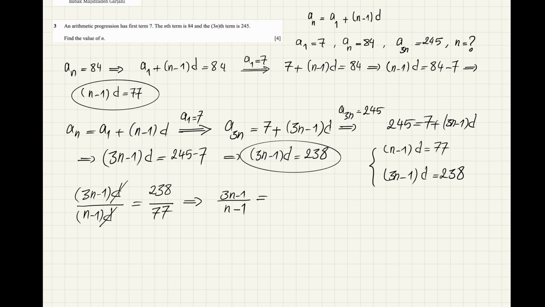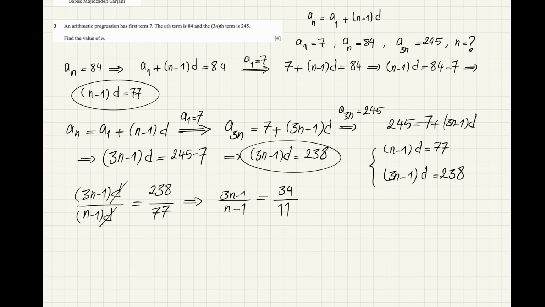Yes, it is. If I divide by 7, this becomes 34, and 77 divided by 7 becomes 11. Let us double check again. If I multiply this by 7, yeah, that's right.